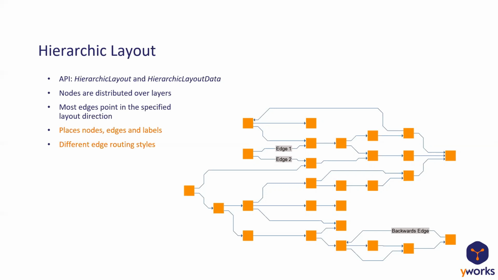And here in this example that's shown now, you see also diagonal styles. And you also see edge labels, these edge 1, edge 2, and the backwards edge label at the bottom. That means the layout algorithm also placed those at the edge. Placing the label means it nicely places it there while avoiding overlaps with other elements, which is the goal.